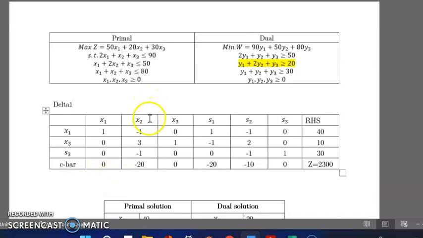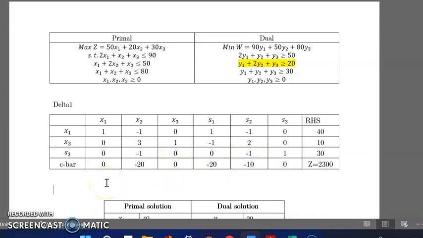Non-basic variables here are x2, s1, and s2. So in order to preserve the optimality of this tableau, these values have to remain less than or equal to 0.